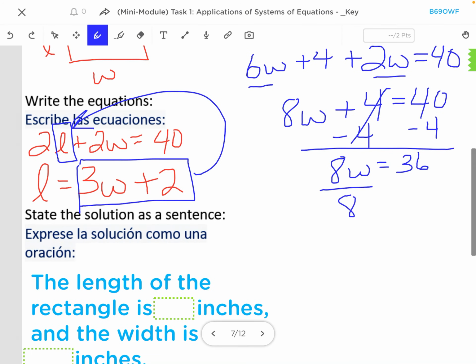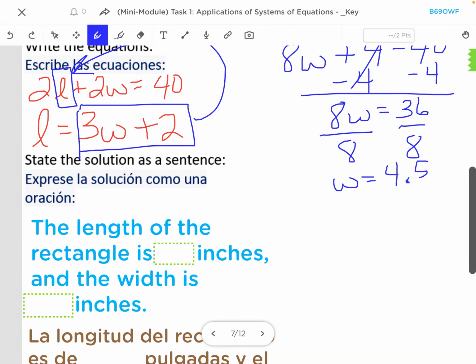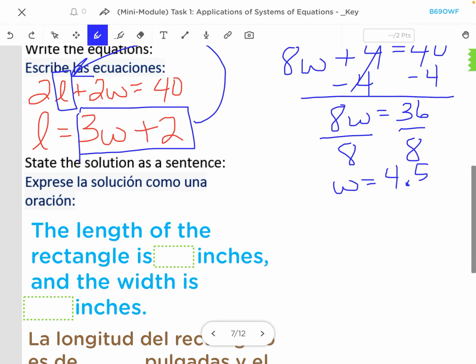And then I'm going to divide by 8. And yes, that's going to give me a decimal or a fraction. It does not divide evenly, but that's okay. You're going to need to put this one in as a decimal.